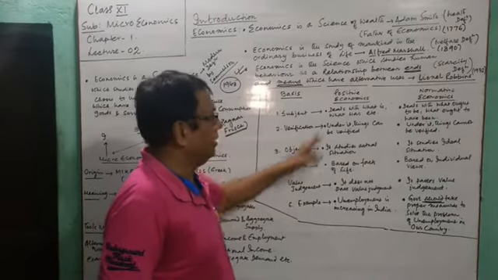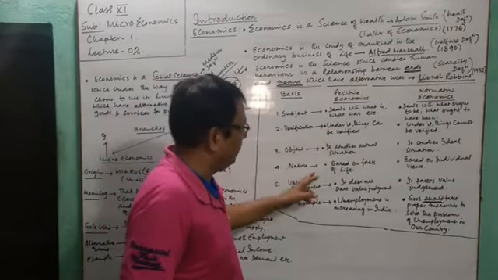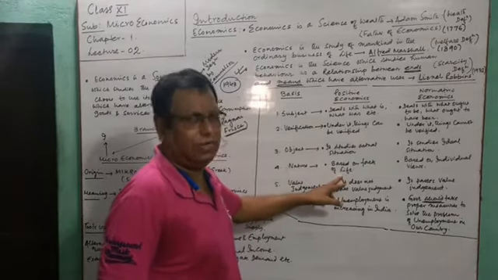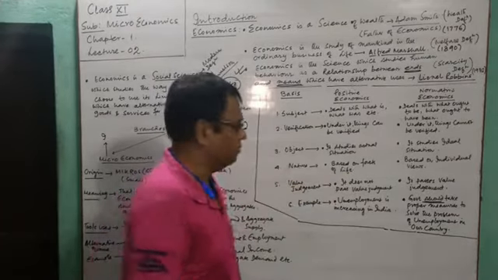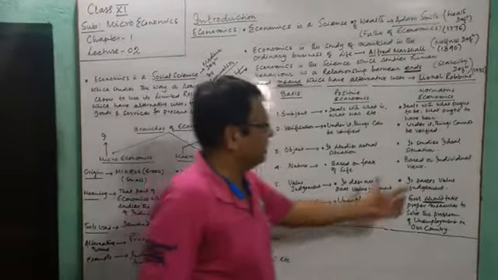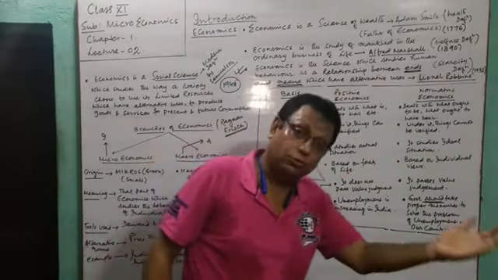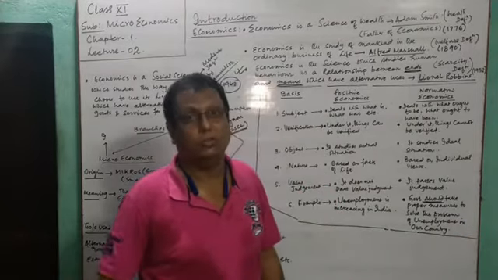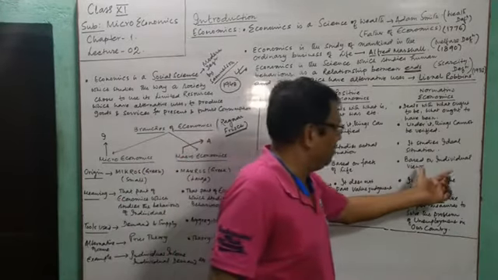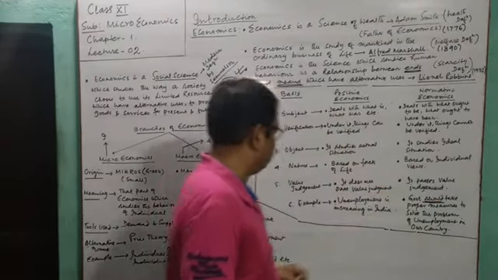Nature. The nature of positive economics is based on facts of life, and normative is based on individual views. Government should do this, government should not do this. All these things are based on individual views.